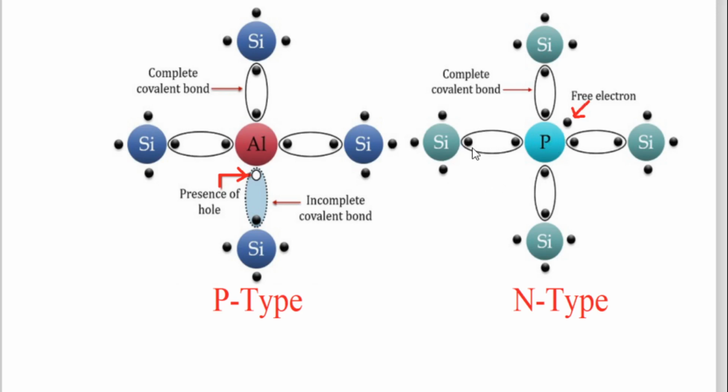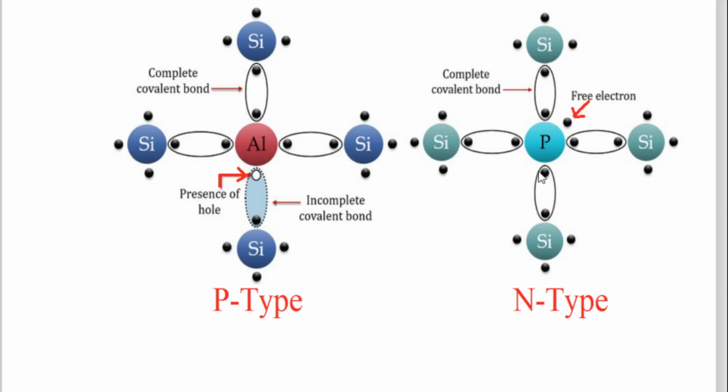This structure has one free electron and this structure has one less electron. Less electron means there is a vacancy of electron, which we call a hole, and a free electron means the excess electron of the pentavalent impurity. When you combine p-type material with n-type material, this excess free electron will jump into the hole on the left hand side, and then the formation of the PN junction takes place.